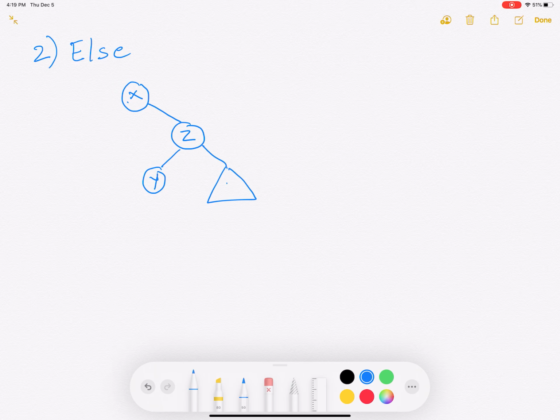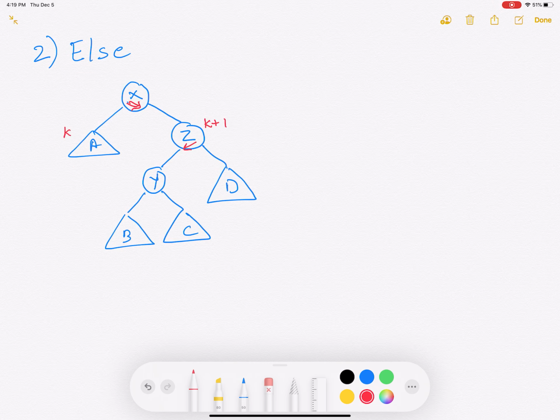This is how we are going to draw these subtrees: A, B, C, and D. X is going to be doubly right heavy, Z is going to be left heavy, and we don't care about Y or A and D. Z has a height of k plus 1, therefore A should be k minus 1.